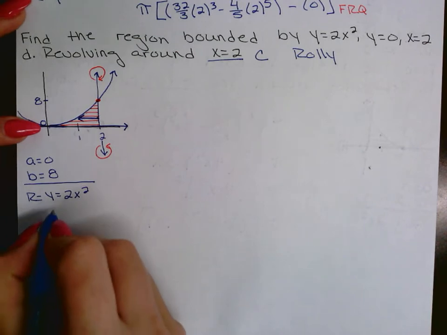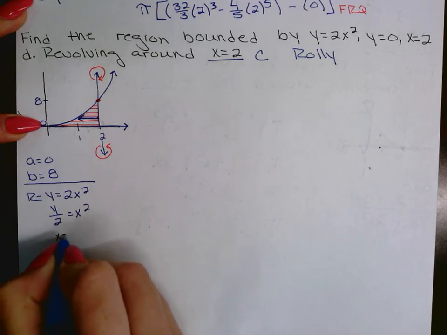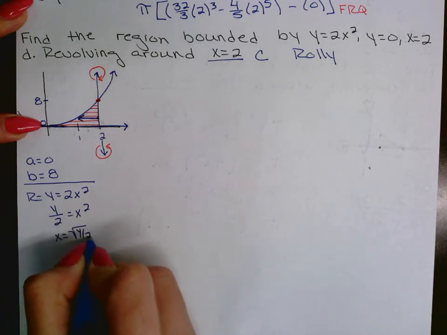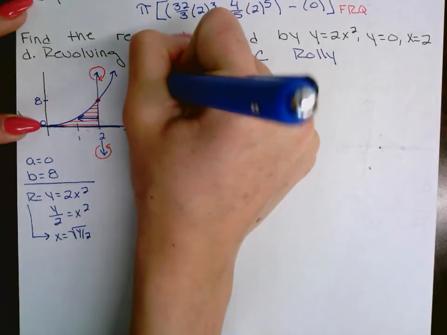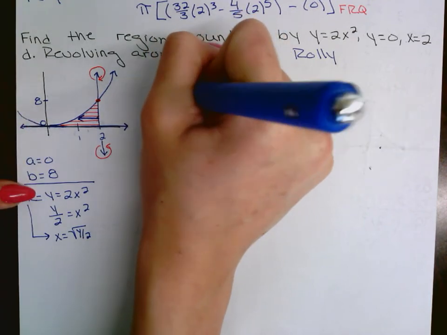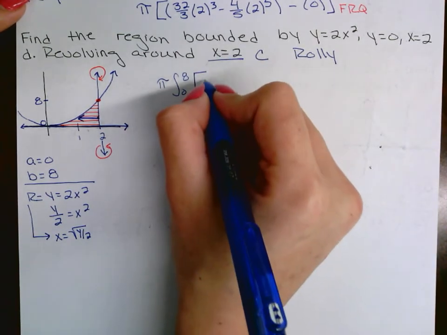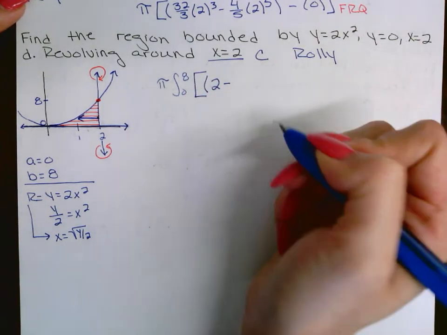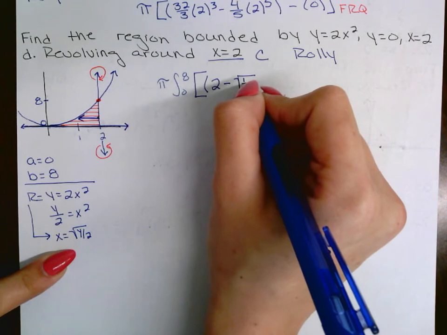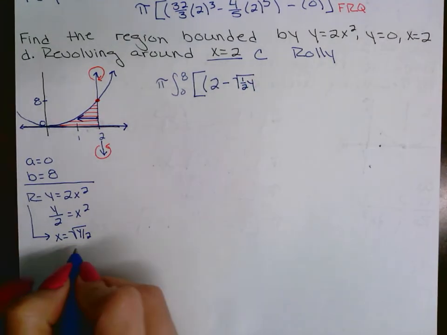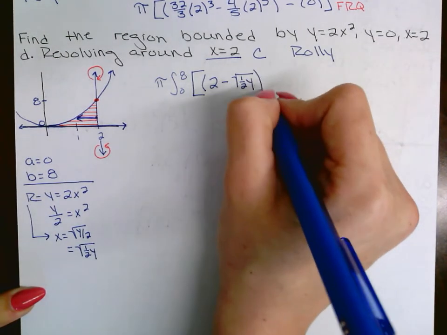We already did this work earlier, but I'm going to do it one more time really quick. Isolate that x. Okay? So this is really the function that I'm going to have to use. So I set up pi times the integral from a to b of my c, which is 2, minus my function, which is square root of half of y, squared.